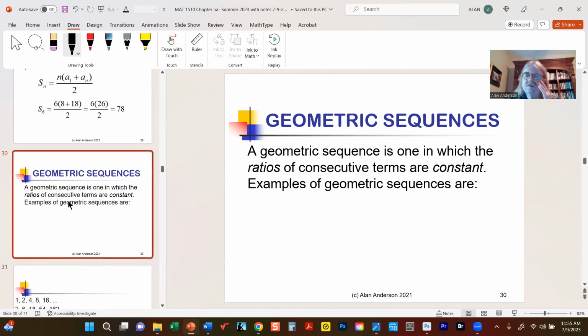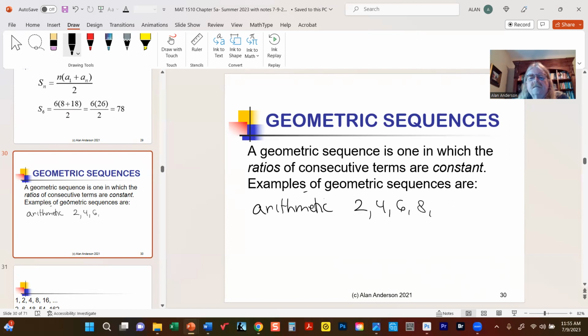Now we're ready for geometric sequences. So the difference here is that instead of each term being separated by a common difference, meaning that we're adding, each term now is separated by a common ratio, which means we're multiplying. So in other words, instead of something like this, where we have a common difference of 2, with a geometric sequence, you'd have something like this.